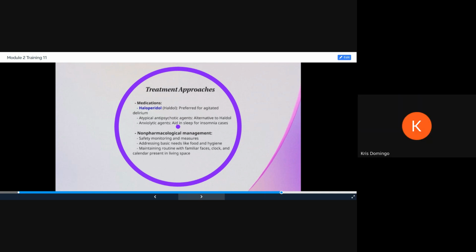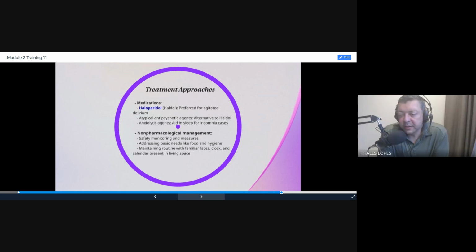Side effects, okay, less side effects. But also we want to do an injection, if possible, right? Because if someone is confused, agitated, do you think they're going to take a pill?